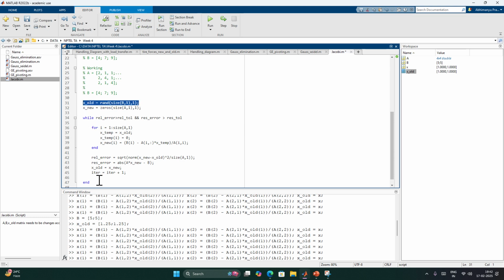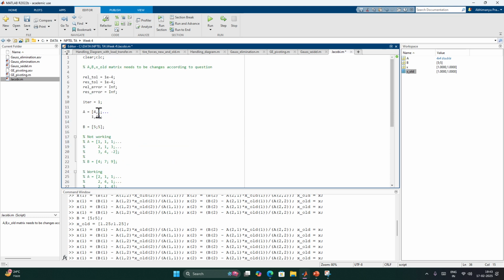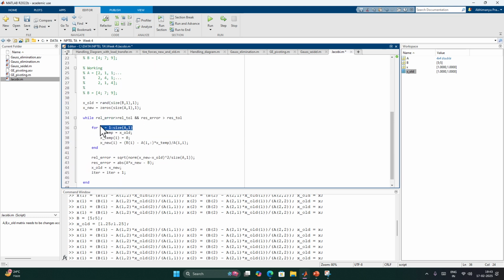So I will run a while loop. While my relative error is greater than my tolerance and my residual error is greater than my residual tolerance, this loop will run. What I am doing is, for the size of A comma l, this will give me the number of unknowns, the number of columns in the problem, right? So in this case that is 2. So this will run 2 times.